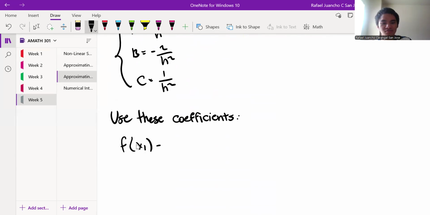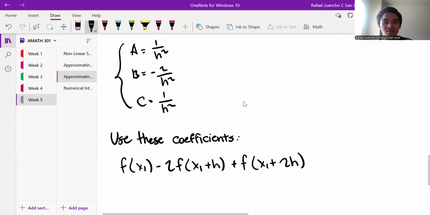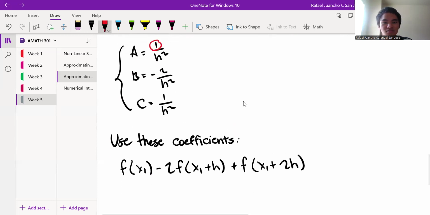F of x1 minus 2 f of x1 plus h plus f of x1 plus 2h. Now you might be wondering, where in the world did I get that? Here. 1, negative 2, 1.